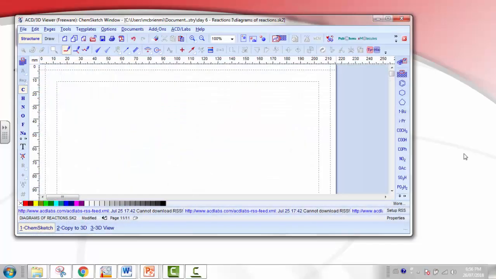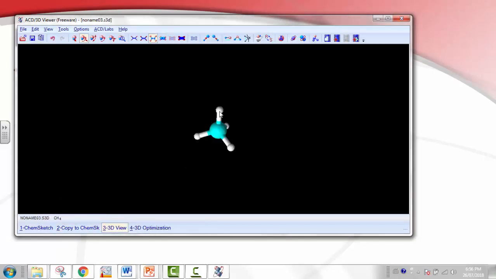We'll move across to ChemSketch and we can draw, well, let's start with a simple methane molecule. And we can look at it in 3 dimensions. And we see that the hydrogens are around the carbon in that magic tetrahedral angle. So we can look at this using our 3D viewer.